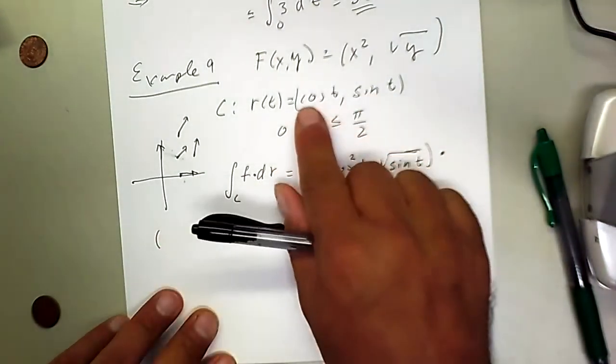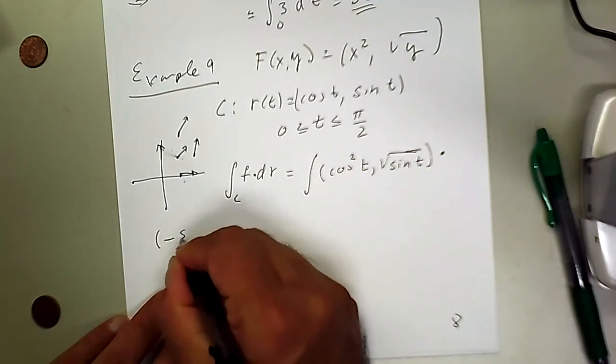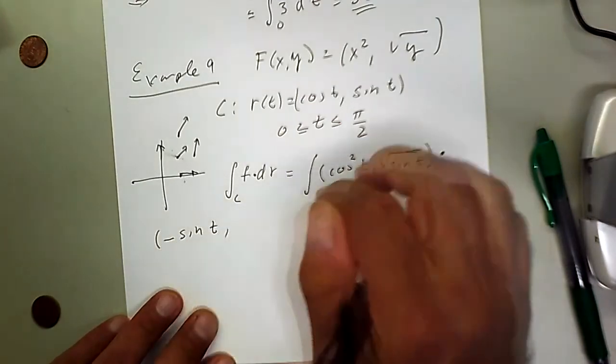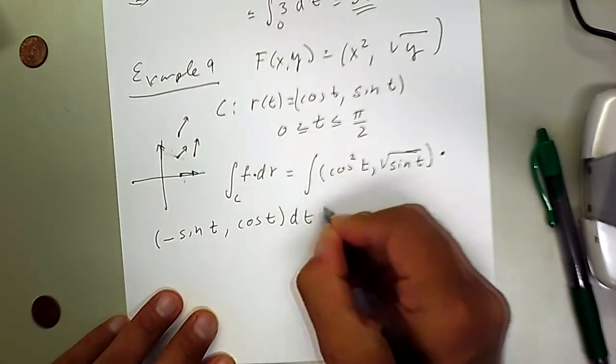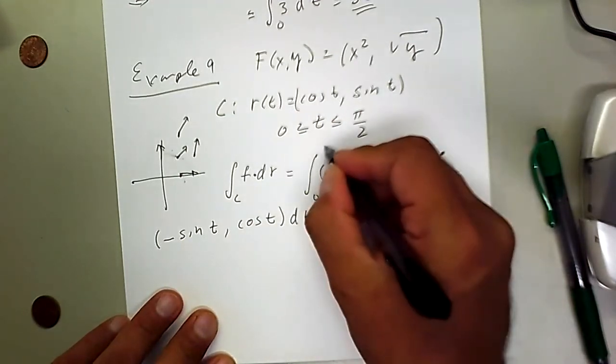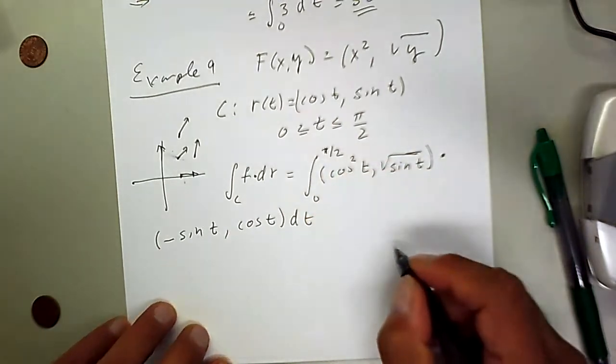So that is going to be negative sine t, comma, cosine t, dt, and the integral goes from 0 to pi over 2.